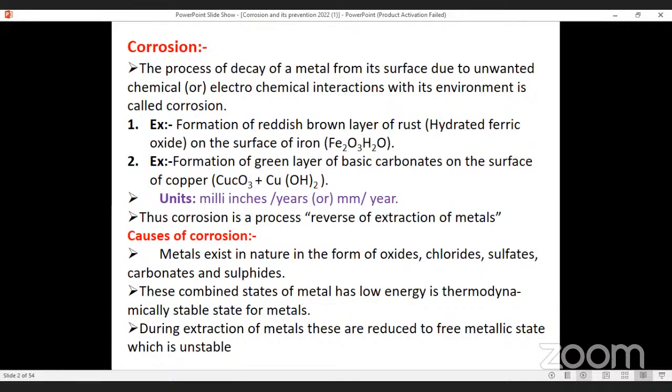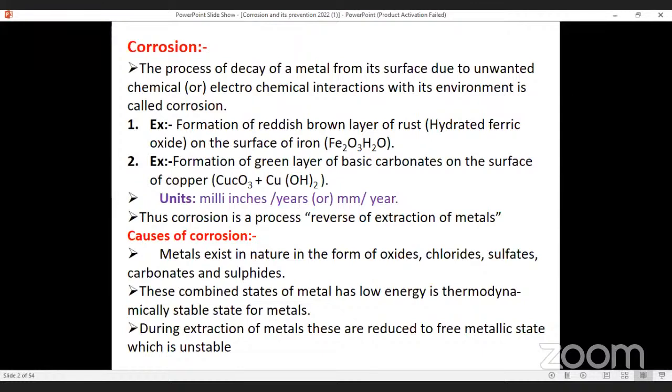Here various causes are there for the process of corrosion, right? Whatever the metal, it is available in the form of ore, like oxides, chlorides, sulfates, carbonates, and sulfides. This combined state of metal has low energy, a thermodynamically stable state.